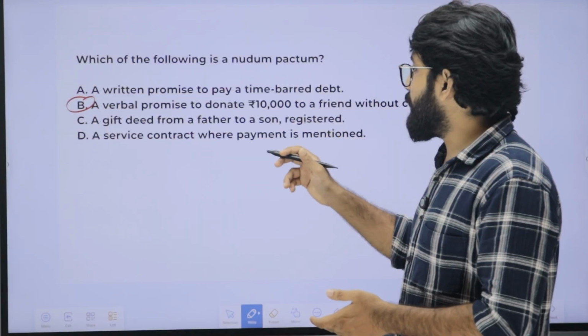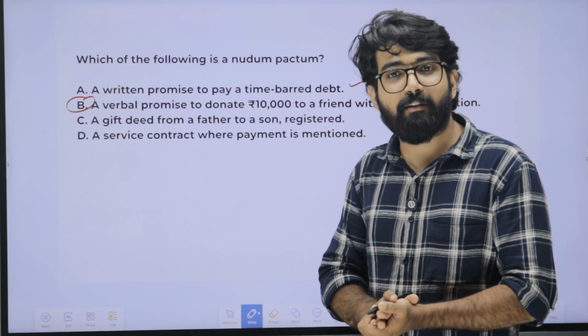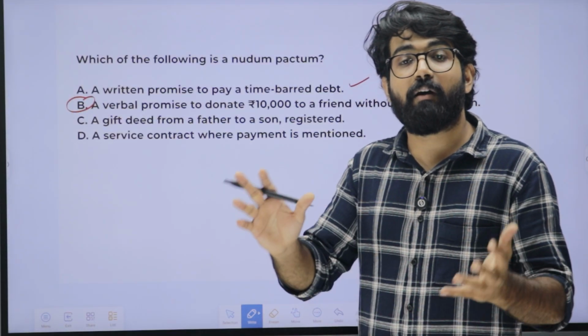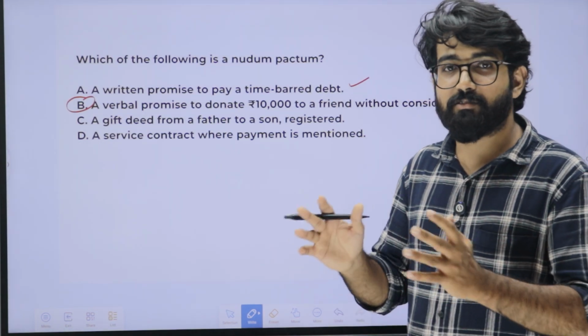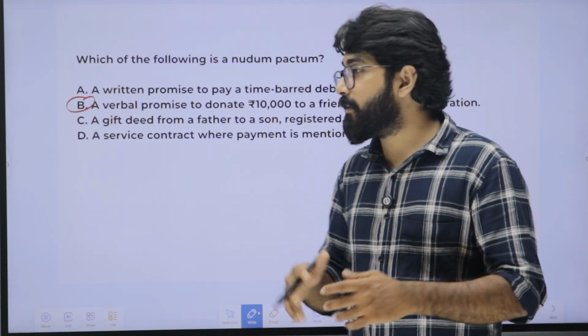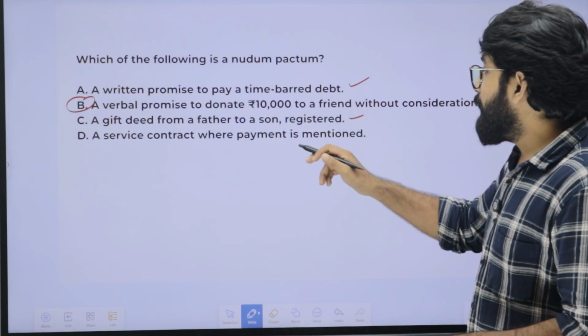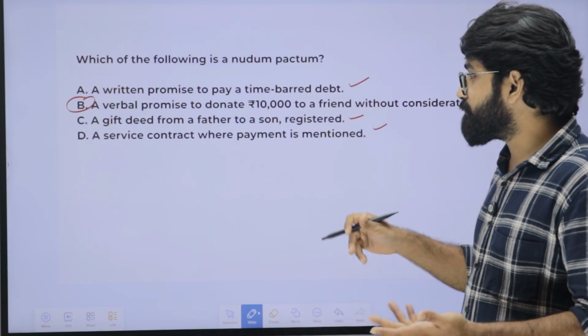What about, on the other hand, a written promise to pay a time-barred debt? This is not a nudum pactum because the law of contract accepts time-barred debt as an exception to the rule of requirement of consideration. So this will not become a nude agreement. Father to a son, we are accepting it. A service contract where payment is mentioned, we are accepting it. This is a proper contract.